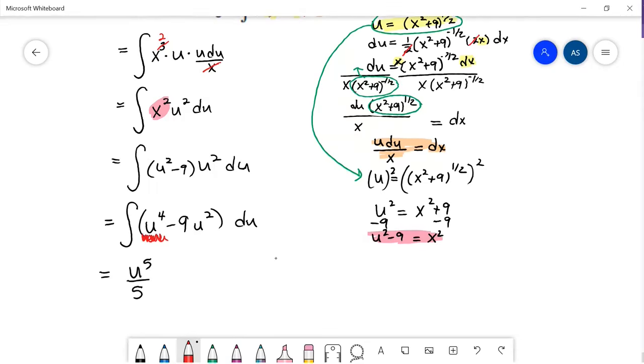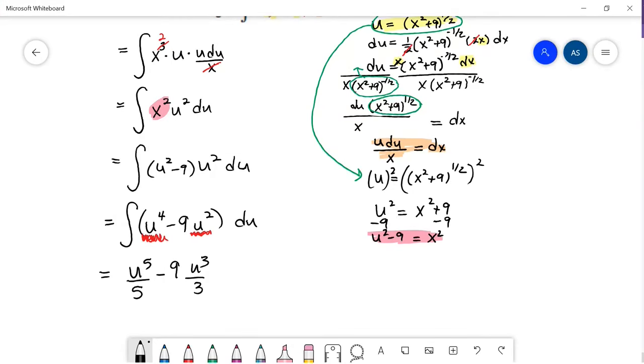For the second term, the negative 9 is a constant multiple, so just focus on the variable part. u squared, once again, we'll use the power rule, add 1 to the power, divide by the power. So that's minus 9 u cubed over 3. And then we need our constant of integration plus c.